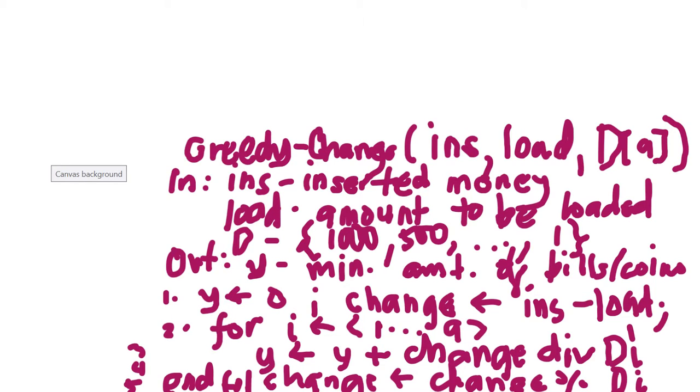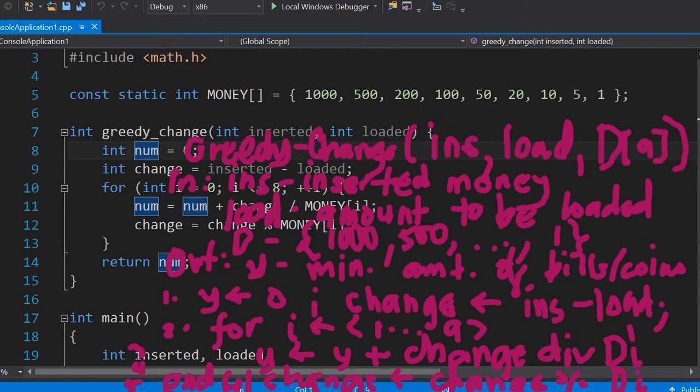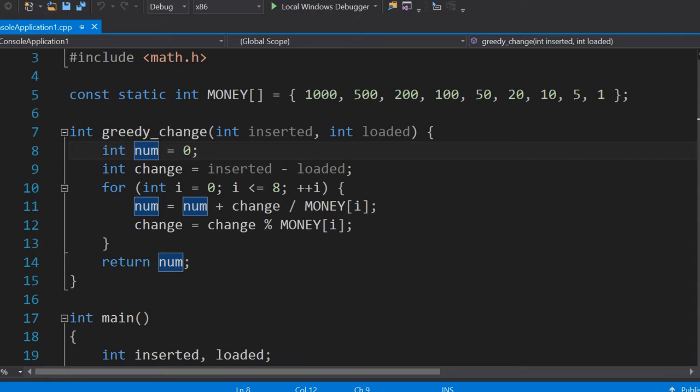So you have inserted money, loaded money, and then we compute the change, and then for loop div, and then update the change with the modulo operation. So we have this main loop here where we get the count with simple integer division, and the update for the change with the modulo operator.